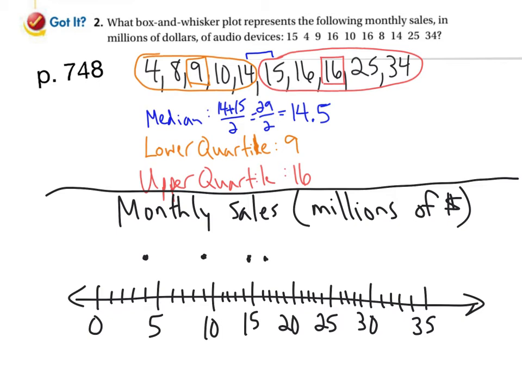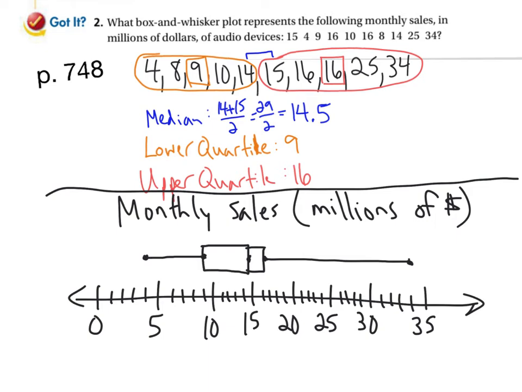And then our upper extreme, our maximum value is 34. Okay, once we've drawn those 5 dots, then we're just going to put a whisker here on the outside. And then we've got a box, and another box, and another whisker.